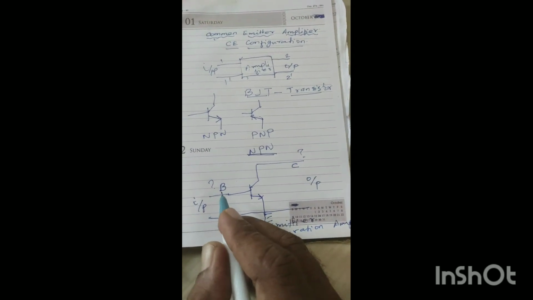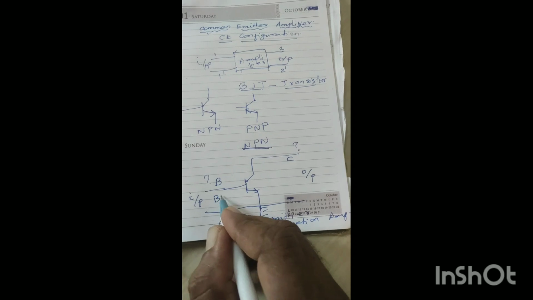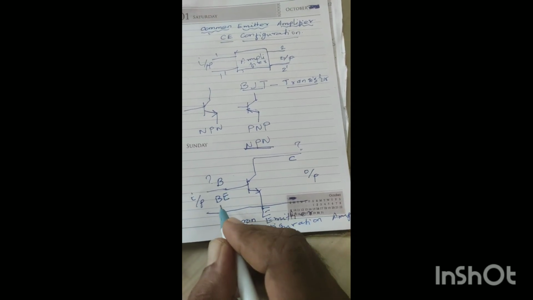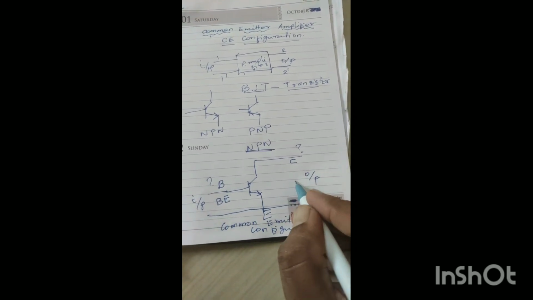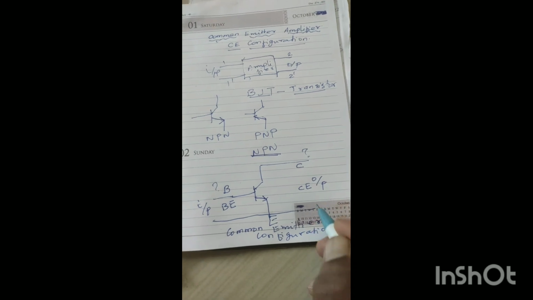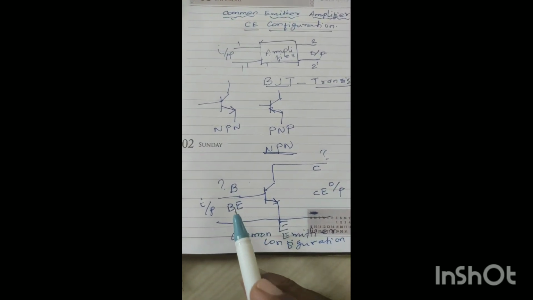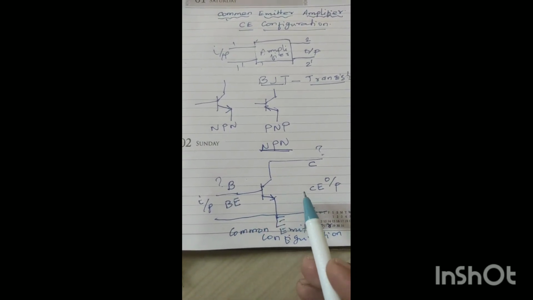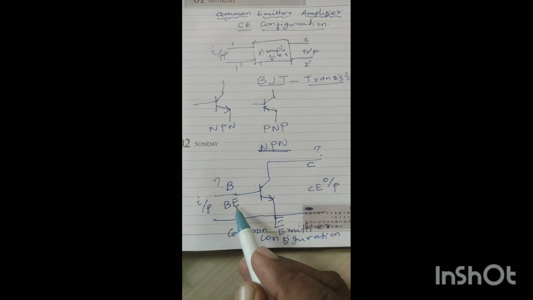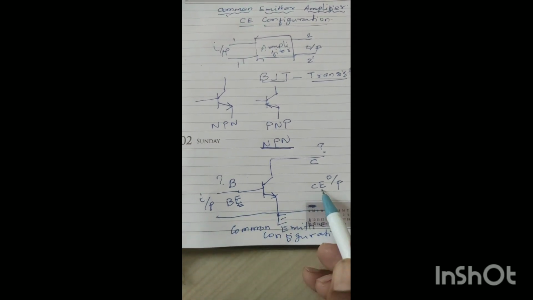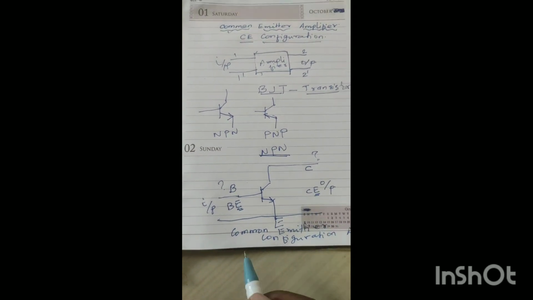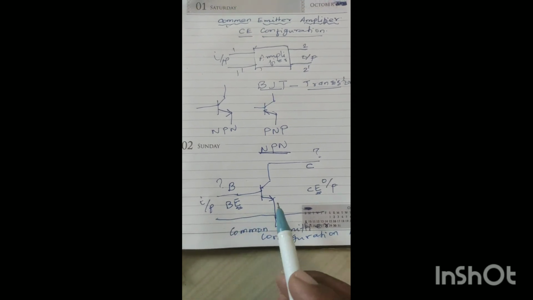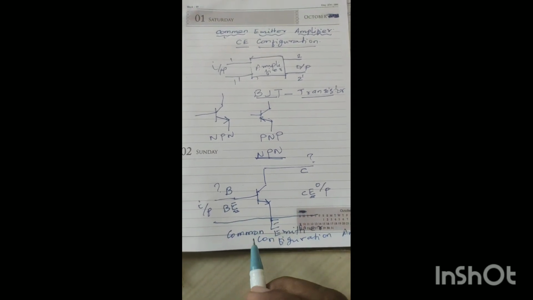So base to emitter is the input port, collector to emitter is the output port. The second letter indicates the common terminal. Okay, base is input, collector is output.